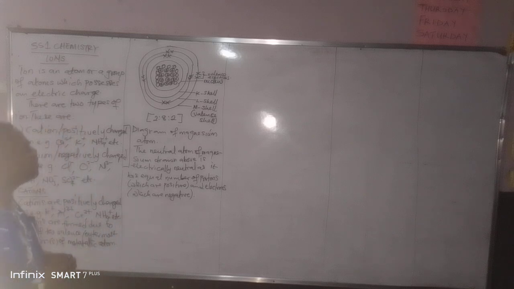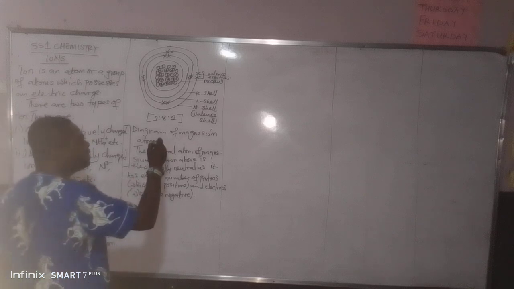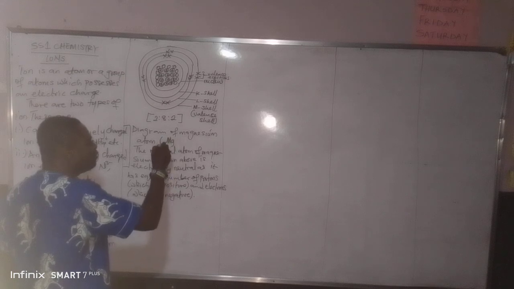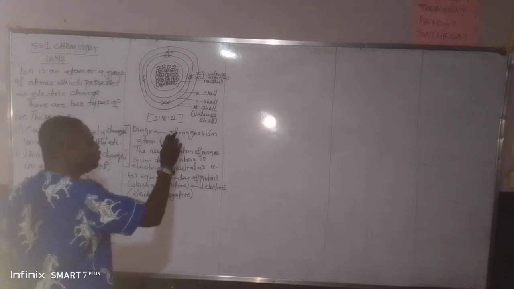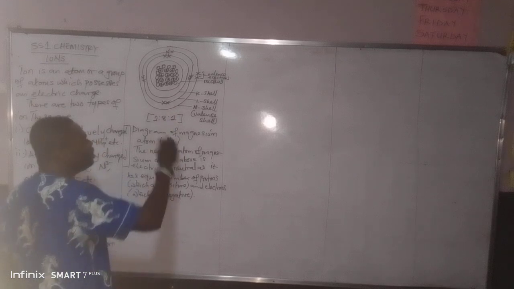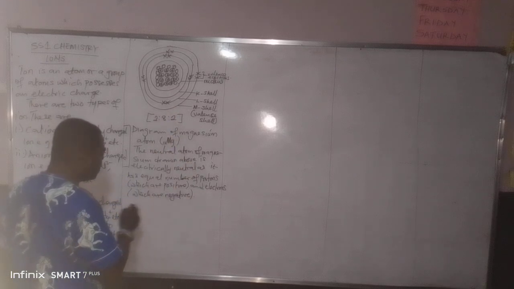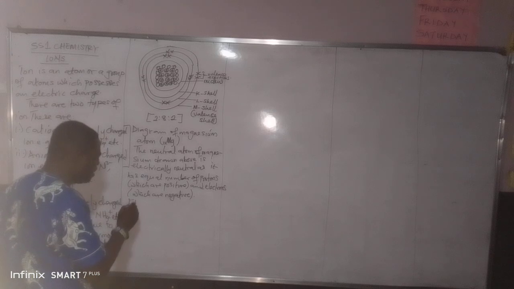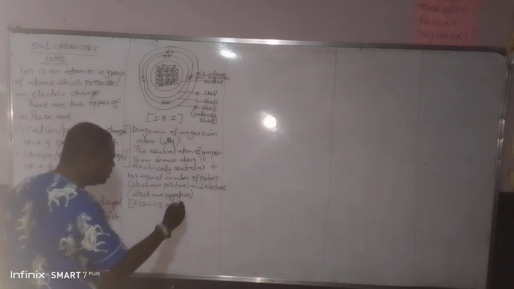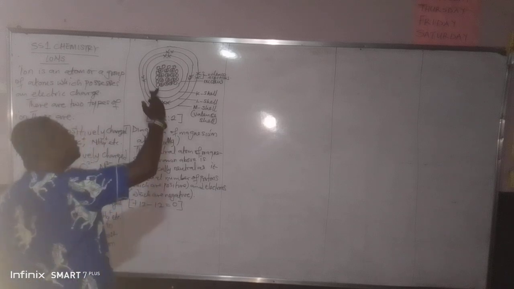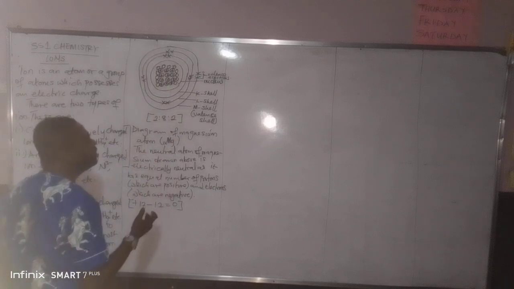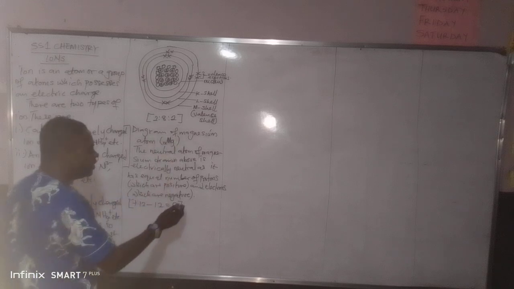That is why when you write the symbol of magnesium atom, Mg 12, you will not put anything here. No charge, it's not an ion. You have plus 12, and minus 12, will it not be 0? The negative electrons and the positive protons cancel each other, so it doesn't have any charge.